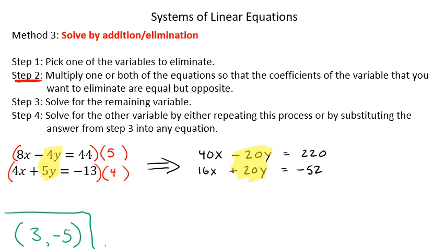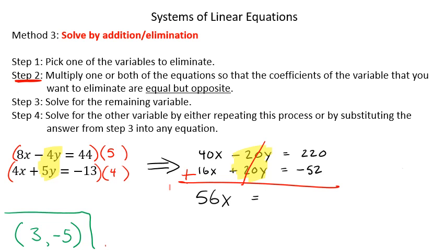Well, there's our equal and opposite. So when we add these two equations together, left side plus left side, the y's will cancel. So on the left, we'll have 56x.